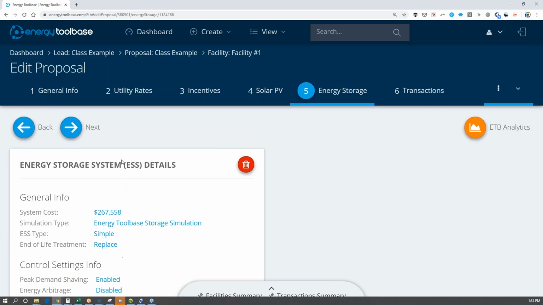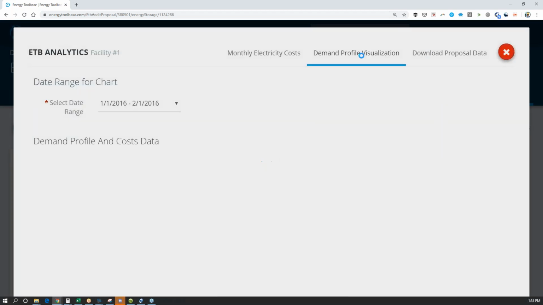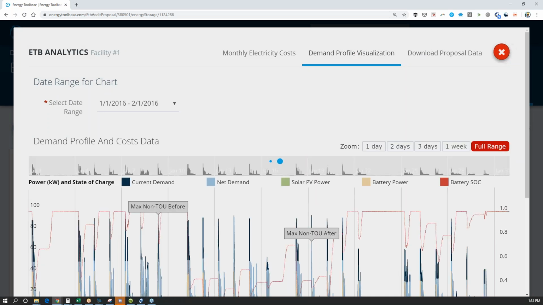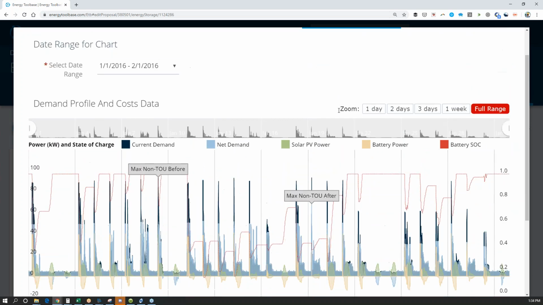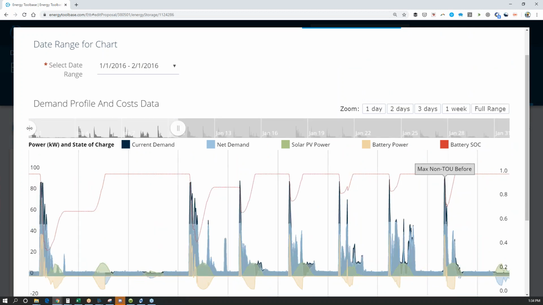So what we're going to do is two things. First, we're going to look at our demand profile now that we've added the battery. The reason we want to do that is it's helpful to put a story on what your electric load looks like.